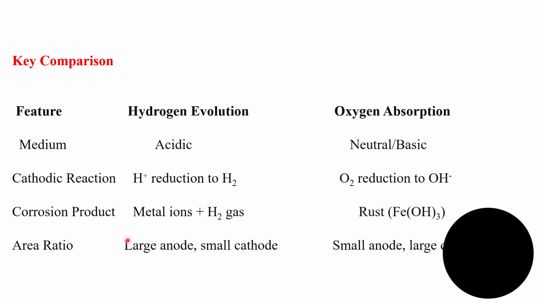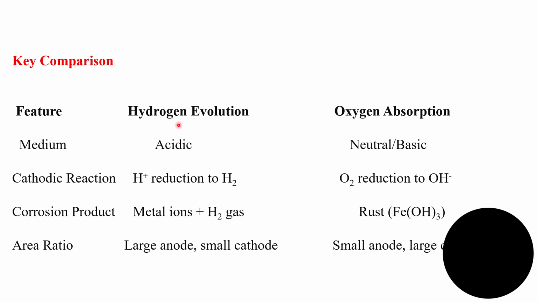And the corrosion product, as we have discussed earlier, is metal ions plus hydrogen gas in the hydrogen evolution mechanism. Whereas in oxygen absorption, one can normally see the rust, that is in the form of Fe(OH)3, ferric hydroxide.